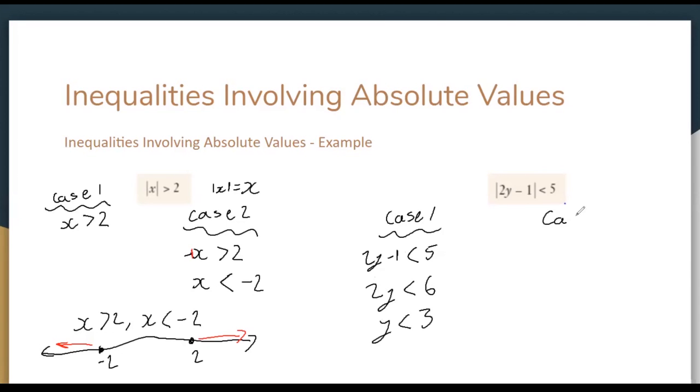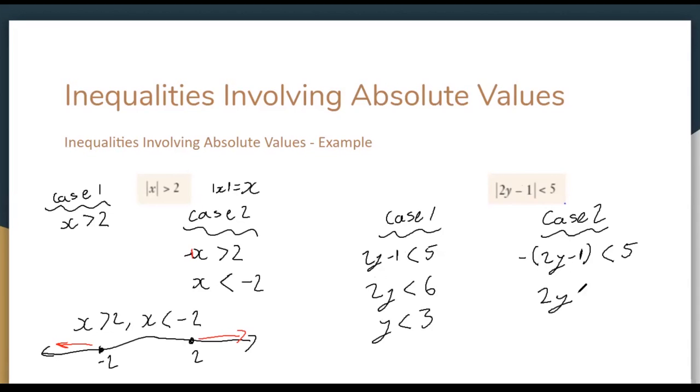So now let's consider case 2. If we consider case 2, that means the thing inside of the absolute value is going to be negative. And if the thing inside of the absolute value is negative, then we can write that like this: negative (2y minus 1) is less than 5. So now let's move this negative over to begin with.